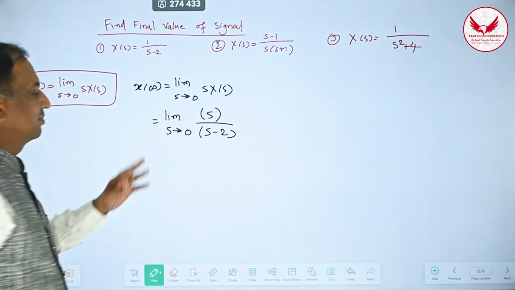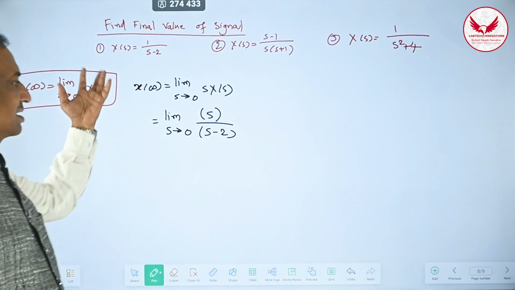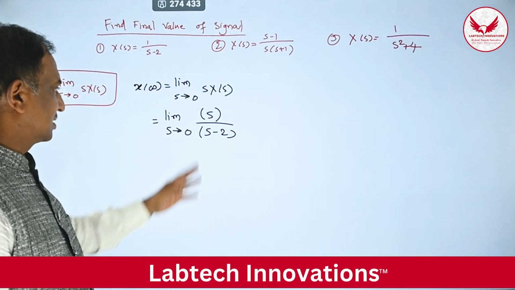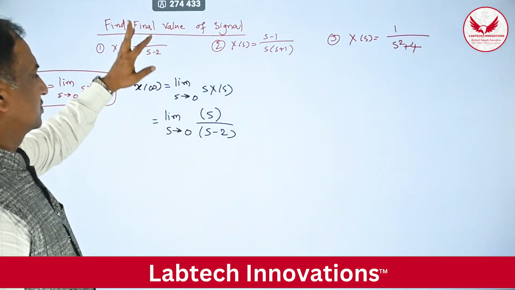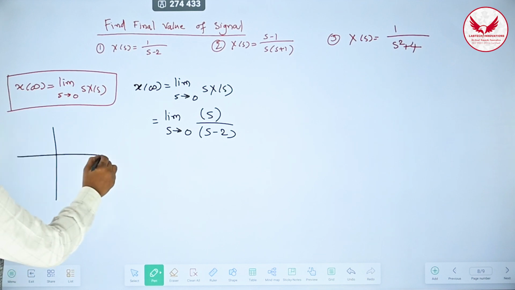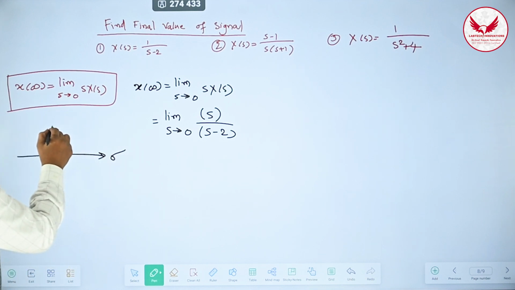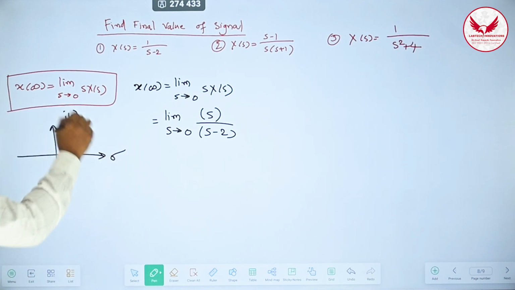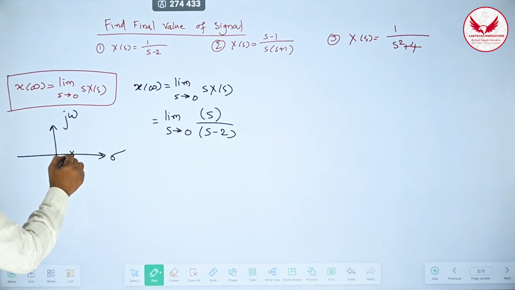Sometimes there are some typical problems. If you look at this x of s, the pole is located at s is equal to 2. If you plot the s domain, sigma and j omega, the pole is located at sigma is equal to 2.